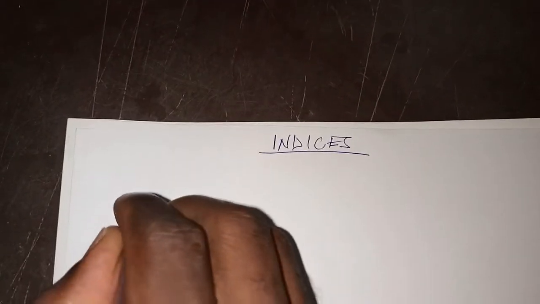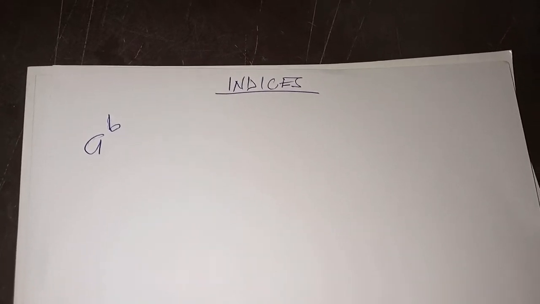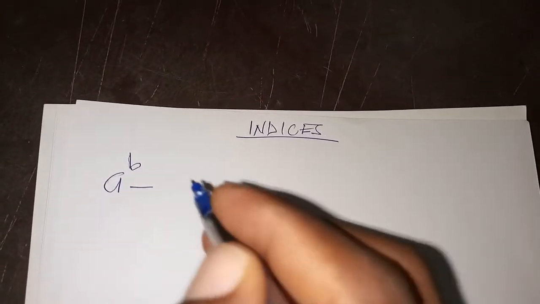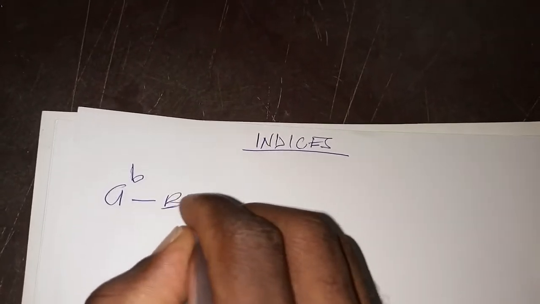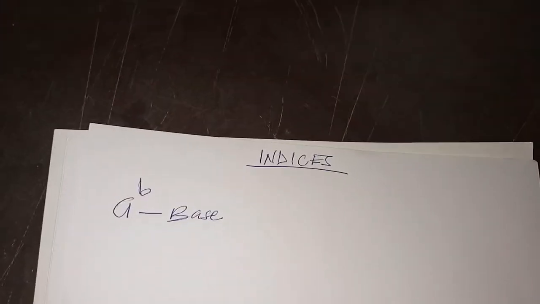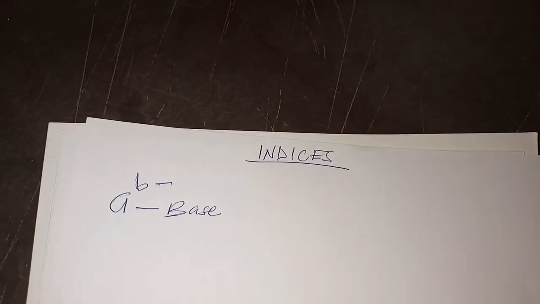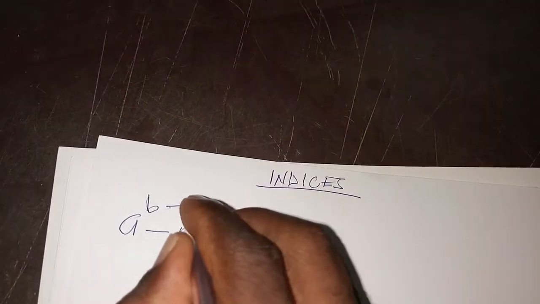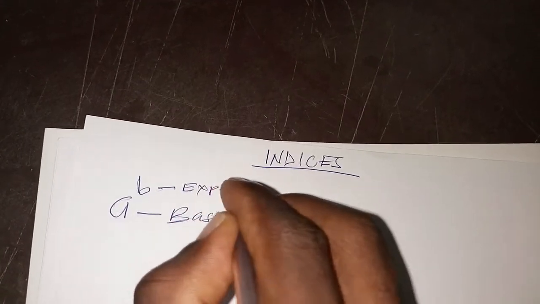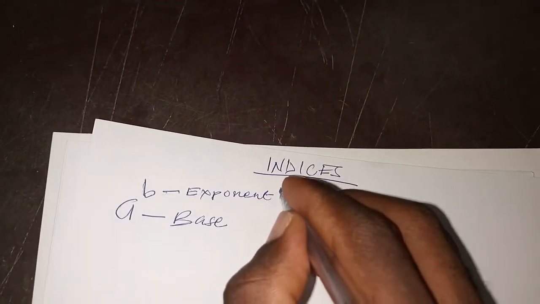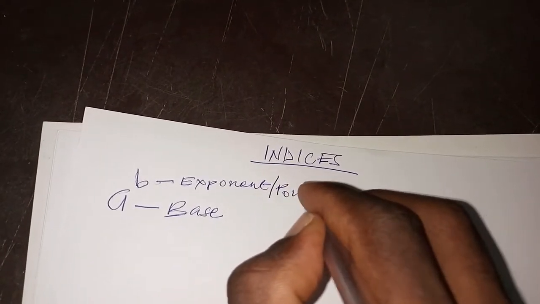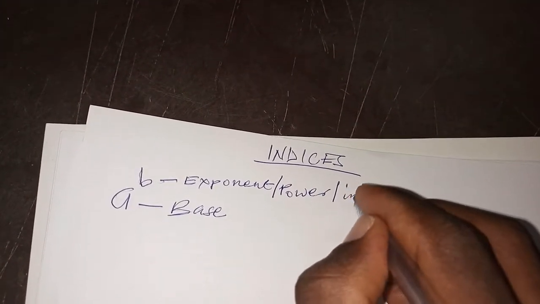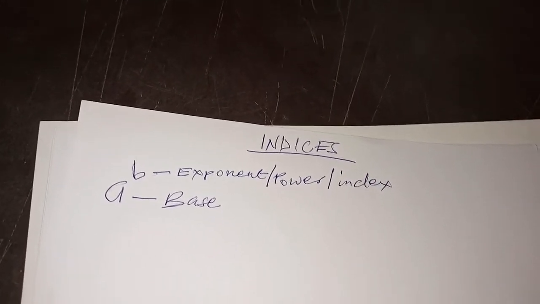So indices are numbers written in the form A exponent B, where the down one, which is the A, is called the base, and the top one, which is the B, is called the exponent, or power, or index.